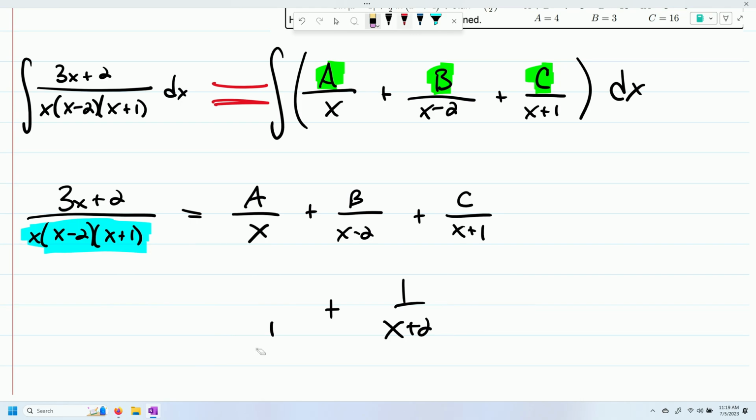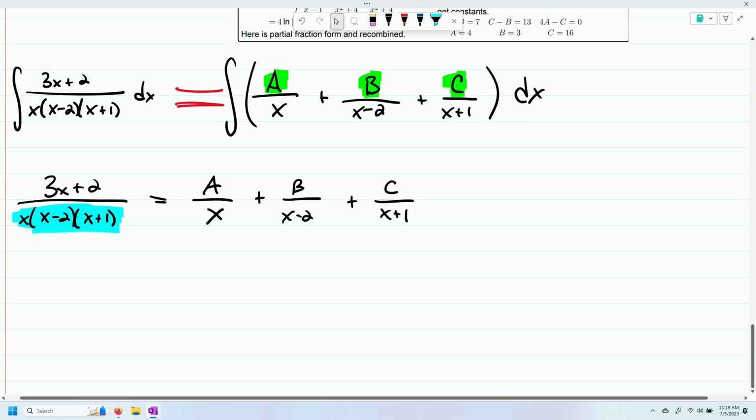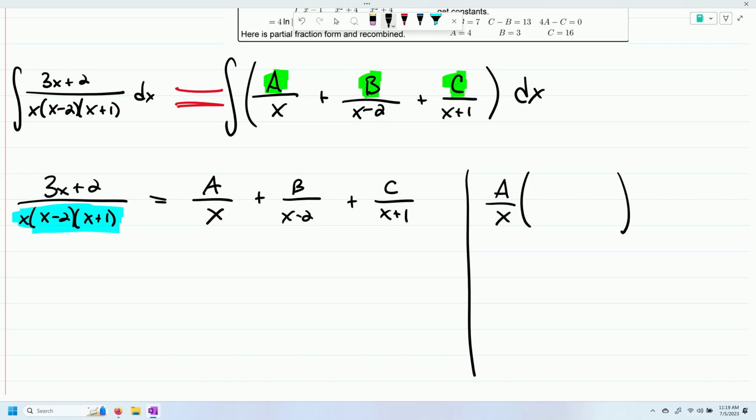And I'm going to do it once on the right-hand side just to show you what's happening. The building equivalent fraction would be a over x. I know I have to multiply this by something so that I get x times x minus 2 times x plus 1 as my denominator. What is that magical number 1? Because remember, you can't change a fraction's identity. You can only multiply by 1 and still maintain its identity.